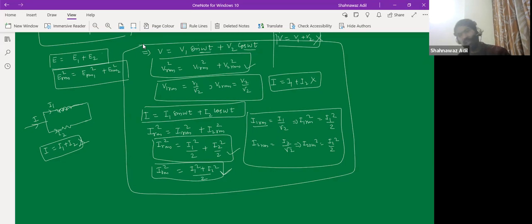I will directly write the result that we get using the phasor diagram.